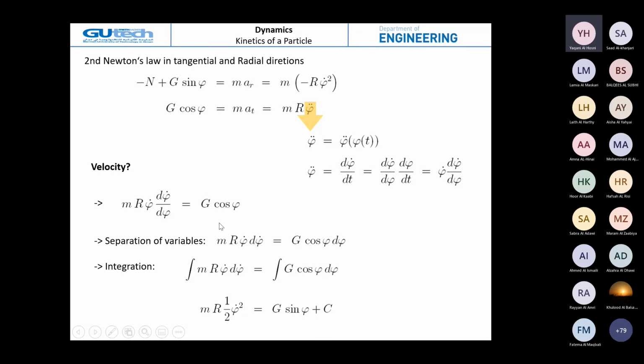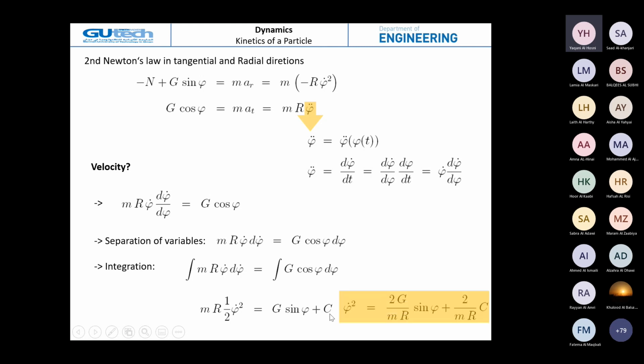Then we separate the variables: on one side only phi dot, and on the right-hand side only phi. Then we have mass multiplied by the radius, phi dot d phi dot, equal to the gravitational force cosine phi d phi, and here we only have to integrate. We get the following equation with the constant of integration c.